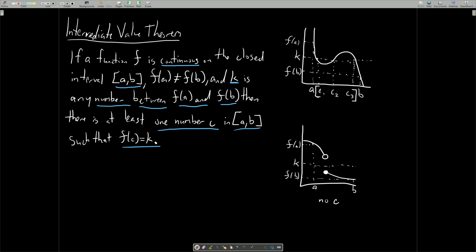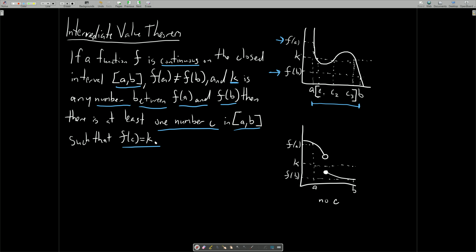let me show you graphically. You have this function. This is continuous. It's just like one curvy line. And we have the interval from a to b. This is f of a, and this is f of b.